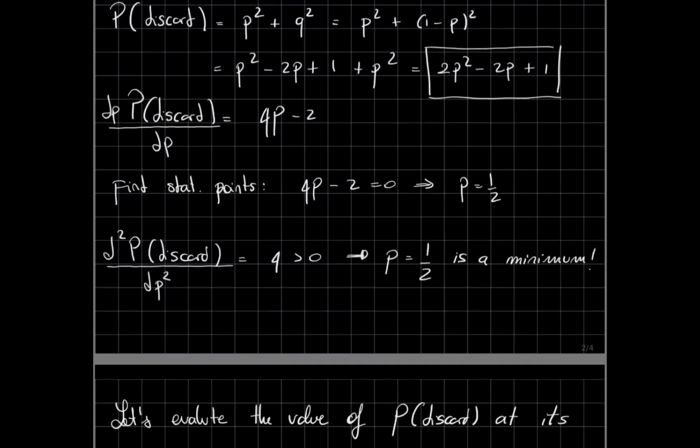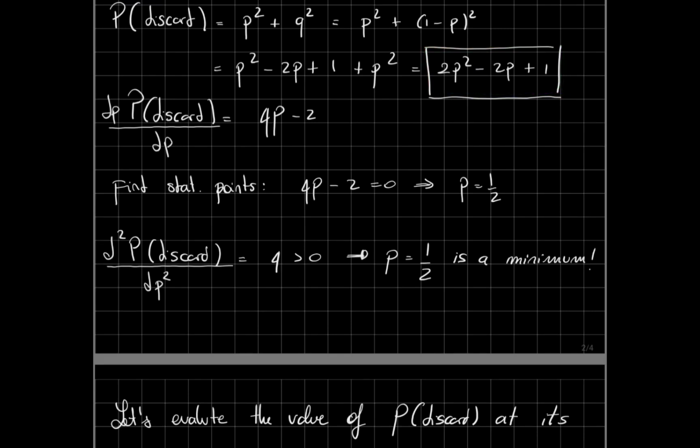Now let's explore the probability of discard again. As we said before, this probability is equal to 2 times the probability of the event head plus 2 times the probability of the event tail. We can rewrite this q as 1 minus p, and rearranging the terms, we get to the expression of a parabola.